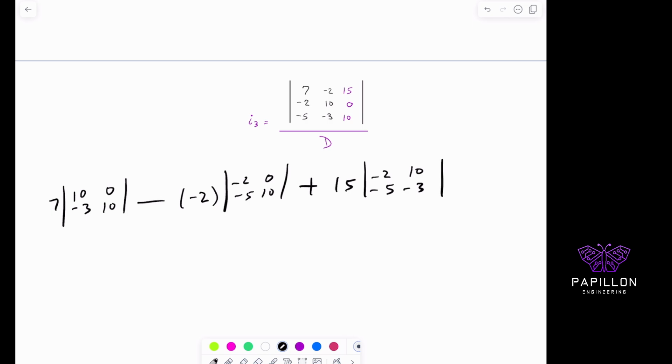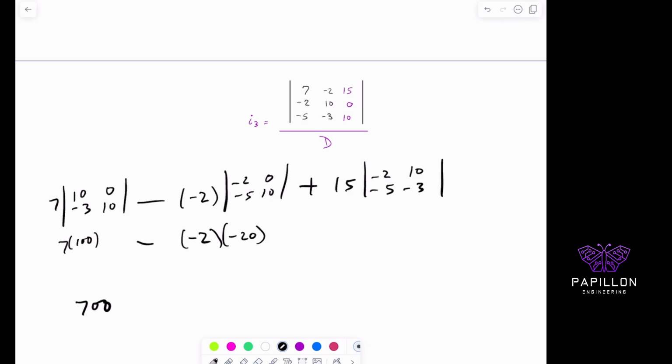So now that we went ahead and set that one up, it's not so bad as well. So 10 times 10 gives me 100. And minus 3 times 0 is 0. So this term here just comes up to be 700. So this one's minus 2 times 10 is minus 20. Minus 20 times 0, because minus 5 times 0 is 0, of course. This is what we get here.